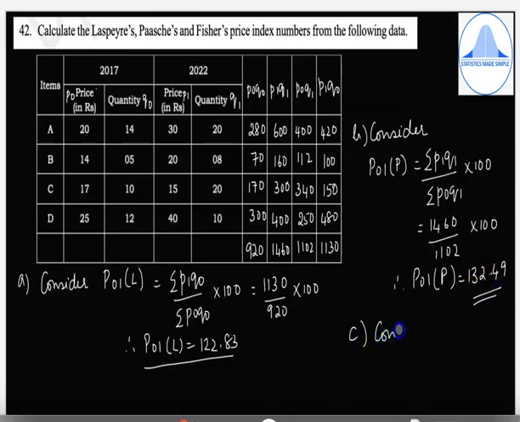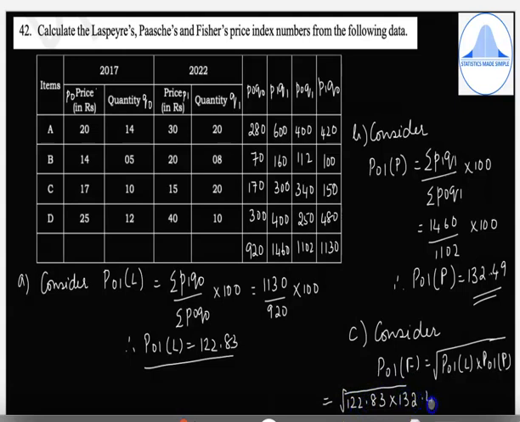Next, let's find out P01 of F. So consider P01 of F, which is equal to root of P01 of L into P01 of P, which is equal to root 122.83 into 132.49. So on multiplying and taking the square root, the final answer is 127.57.